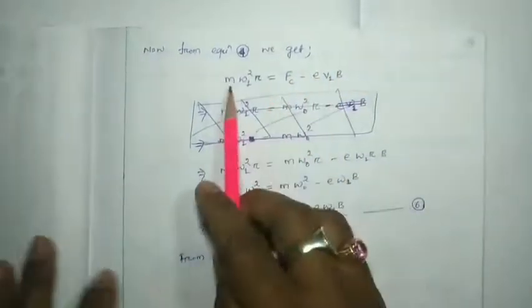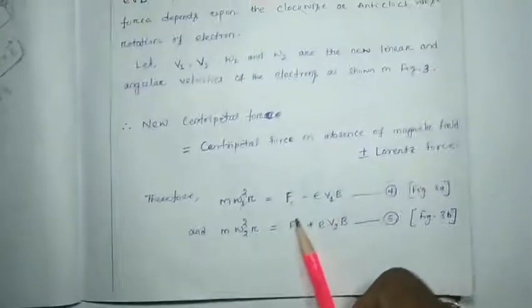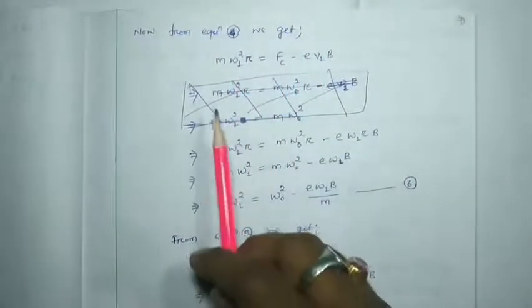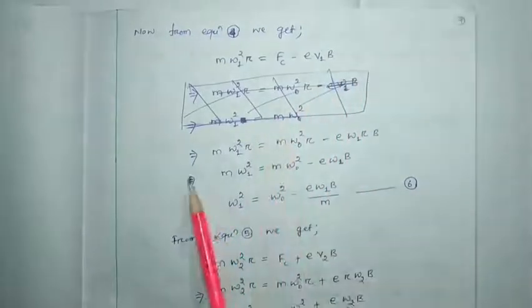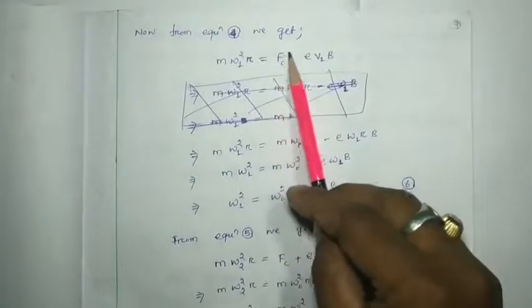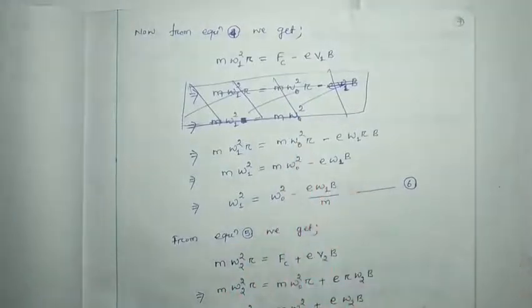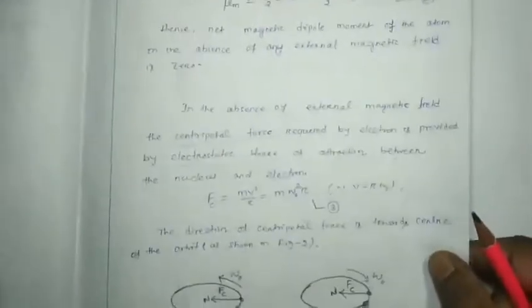Now from equation number 4, m omega1 square r is equal to Fc minus e v1 B. That implies m omega1 square r is equal to, initially Fc was how much? It was m omega0 square r. From the beginning I have written this initially.